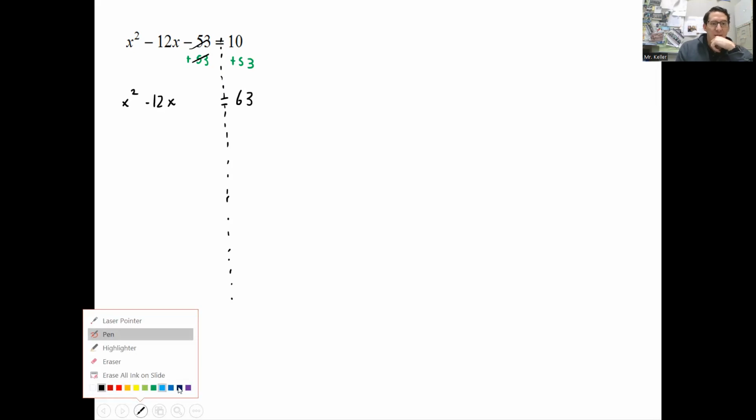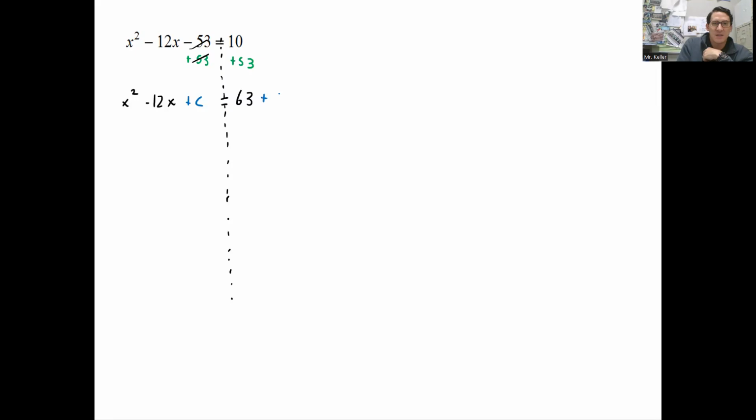Then from here, I'm going to add a c value to both sides. Find the c. It's going to be half the middle term. So the middle term is negative 12 divided by 2 squared. Negative 12 divided by 2 is negative 6 squared. Negative 6 squared is positive 36.